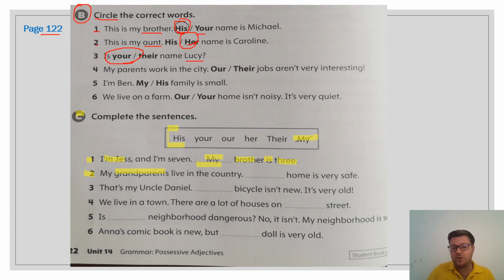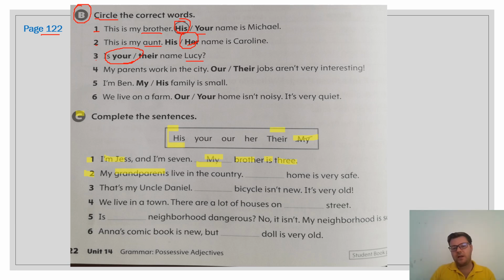So we are going to use their. Their home is very safe. We are not talking about my house. We are talking about grandparents, granddad and grandmom, we are talking about their house.